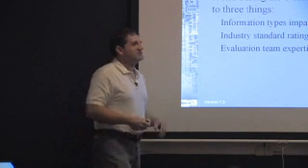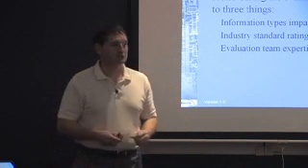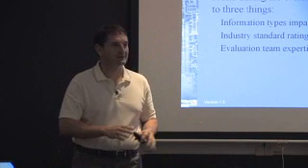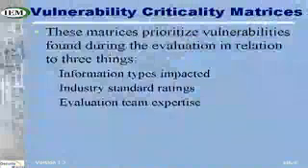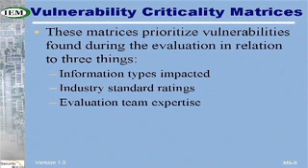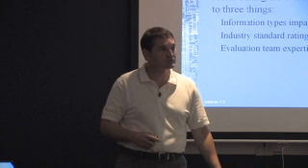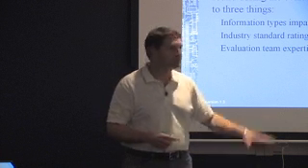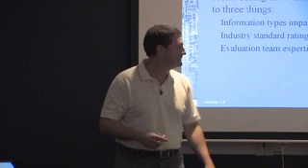Okay, this is a two-dimensional matrix that has three dimensions. Work with me on this. The first two dimensions are the information types, or the critical information, and the impact from the customer side. So that information criticality matrix and the system criticality matrices we did in the IAM are going to build the top line of these matrices.